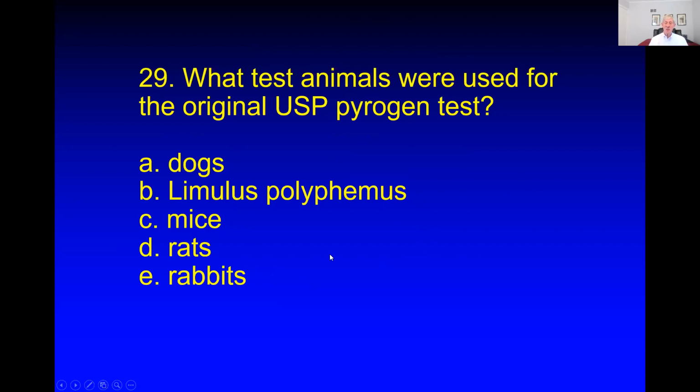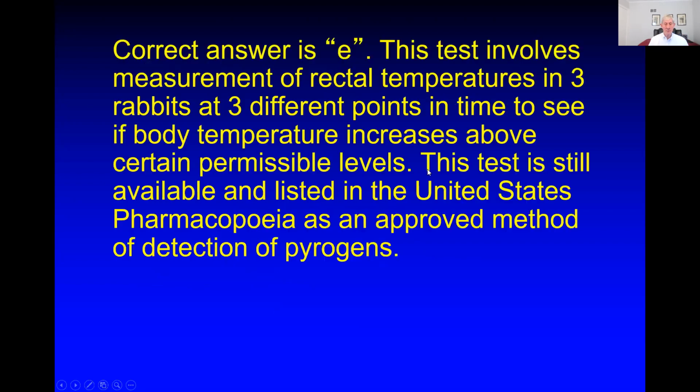They gave a dose proportional to a human dose, and then they measured the rectal temperature on 3 rabbits at 3 different points in time and looked for elevation of temperature. And that's how it was done. And in some drugs today, it's still using that test because the LAL test doesn't work under all conditions, like if it's very acidic or very basic, or if it's in a suspension, sometimes it just doesn't work.